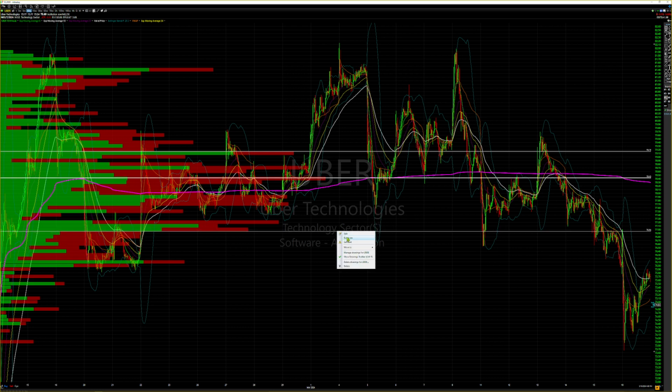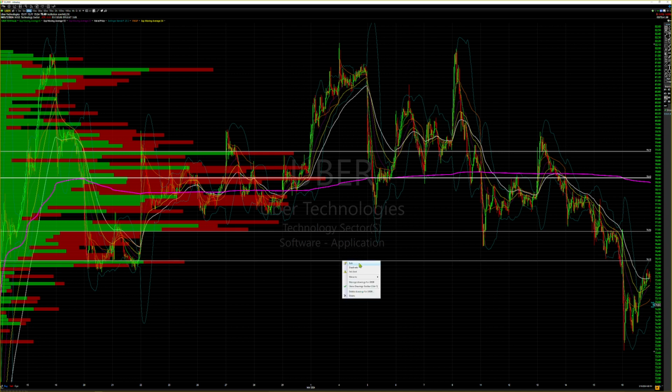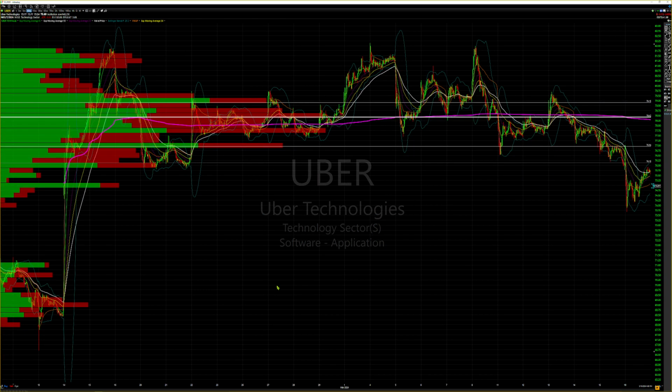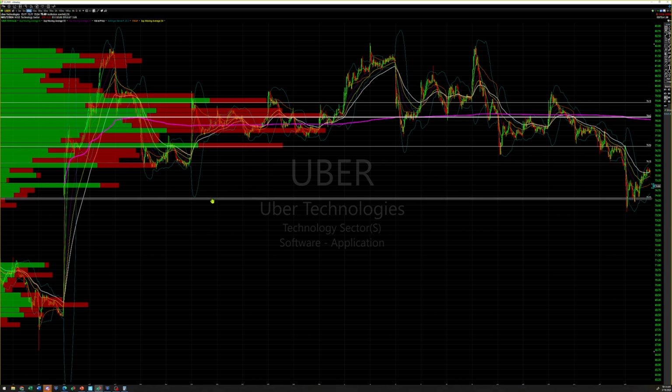And then I'd put a thinner line here, just to let you know, hey, it's normal to get a rejection off of this level within this range. And then the last one would be here.